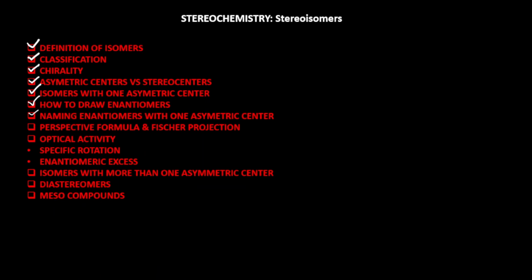Very interesting. Now let's go on to check out the perspective formula. We've already considered perspective formula, so we'll be considering Fischer's projection. The Fischer's projection is another way of representing three-dimensional molecules on a two-dimensional surface, but it's a little bit different from the perspective formula. So let's check this out.